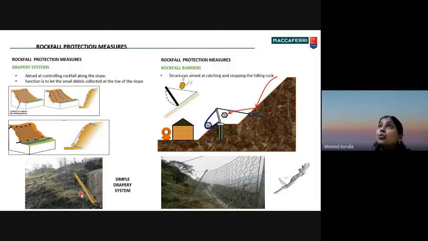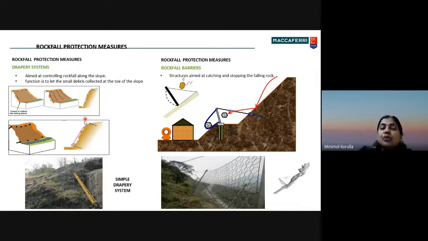The nail points will collect a lot of rocks, and the rocks together will exert a force or energy on the rockfall drapery system. And if we are not designing the meshes for holding this static force, then that can cause rupture there.